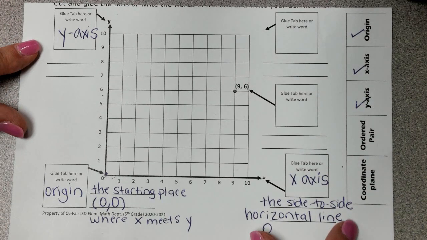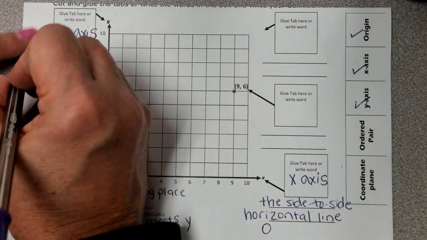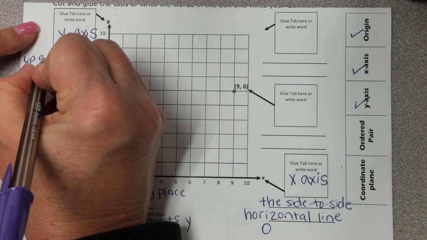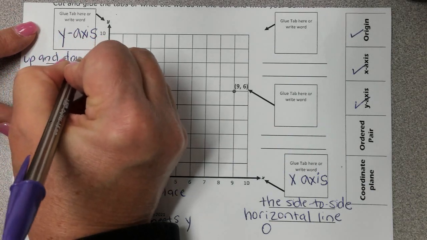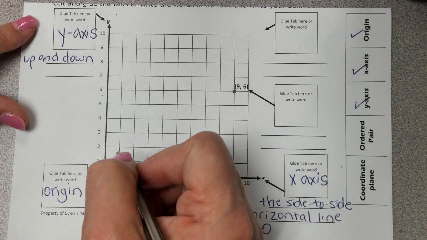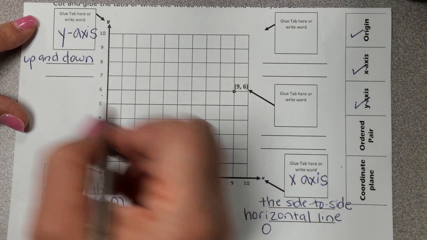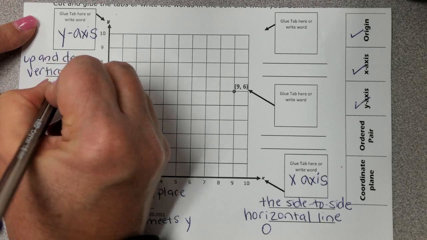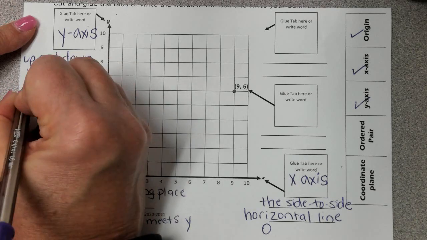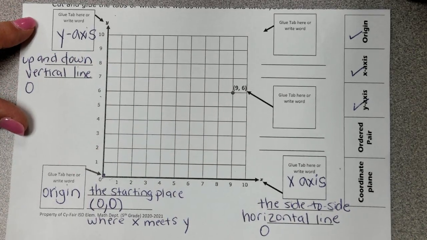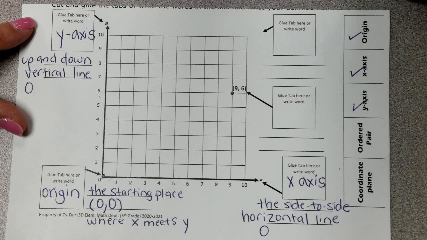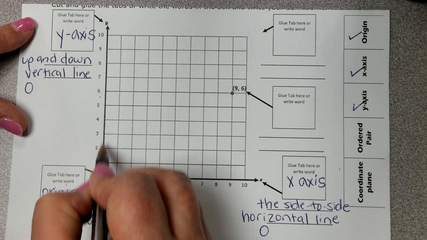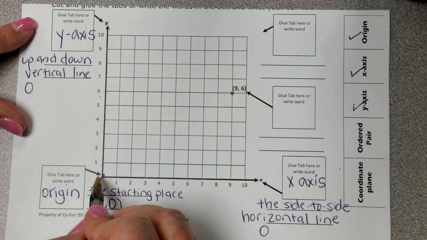The y-axis isn't side to side, it is the up and down line. What's the math word that means up and down direction? Yeah, vertical. The up and down vertical line, 0. This would be like the other wall of Renee's bedroom.